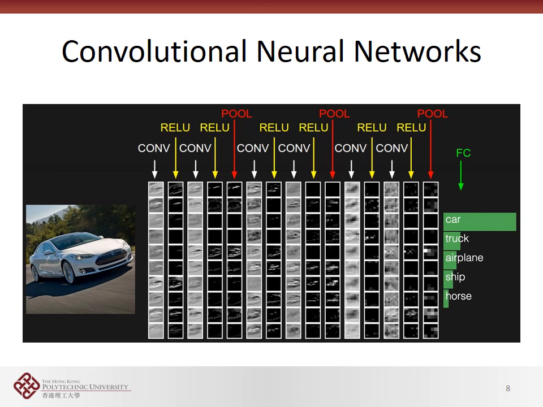You can see that after training, the car category has the highest score, so that we can classify this image into the car category. Other categories, truck, airplane, ship, or horse, have relatively low scores. So we can classify this image based on the highest score, into the car category after a lot of training.